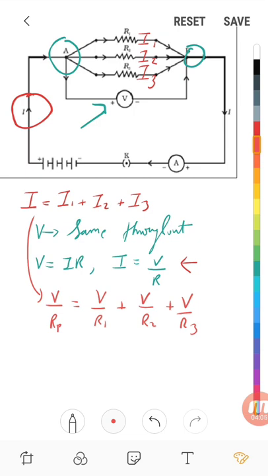Why haven't we written V1, V2, V3 here? As we know the potential difference is the same throughout, there's no need to write V1, V2, V3.